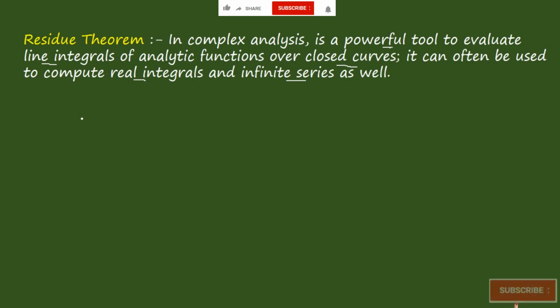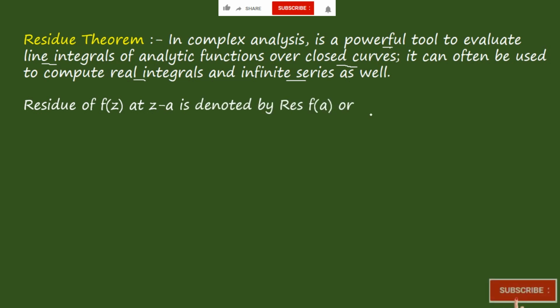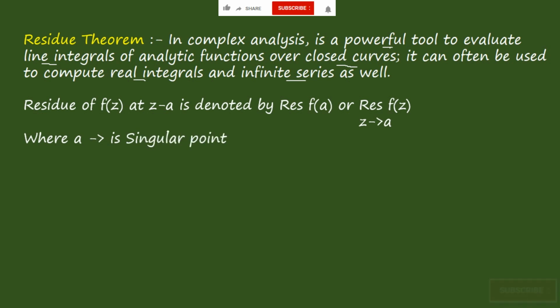Now, in general, the residue of f(z) at z minus a is denoted by residue of a, or residue of f(z) as z tends to a. What is a? It is nothing but a singularity point, or you can consider this as a pole.